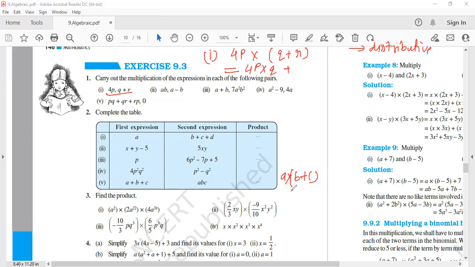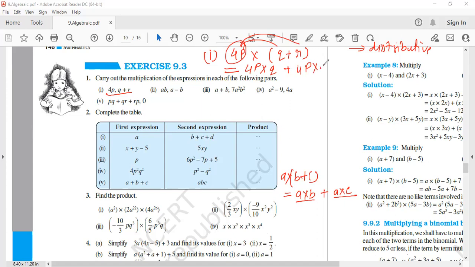Okay. So 4p into q plus sign. So the property is this one, a multiply b plus c, a multiply b plus a multiply c. Okay. So we have to follow this property.